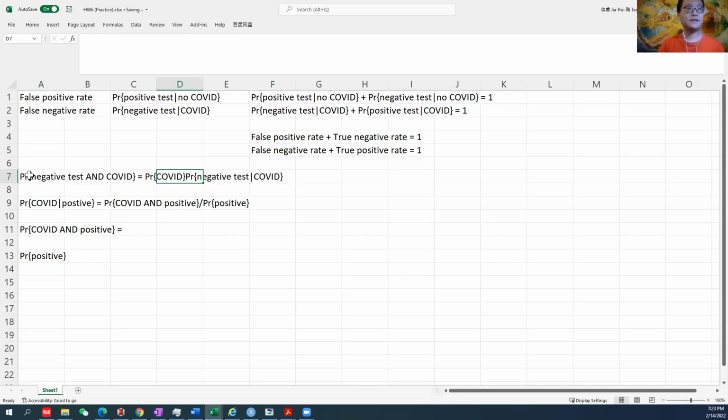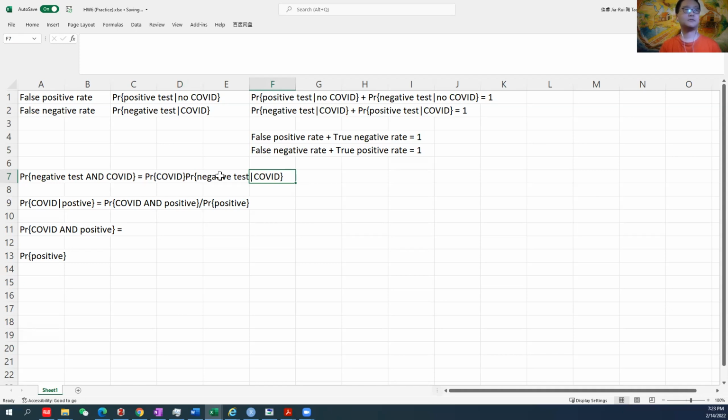So the probability of two events linked by and is different from two events linked by this vertical bar representing a conditional probability. It's very important to distinguish between these two.